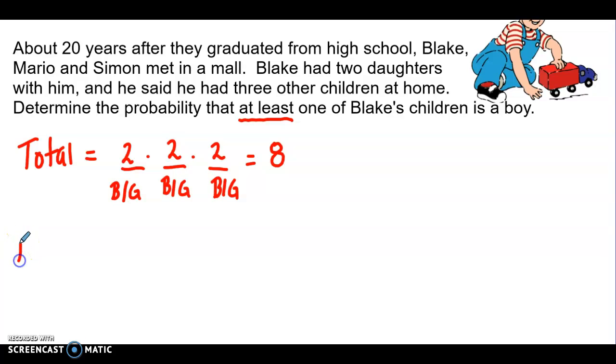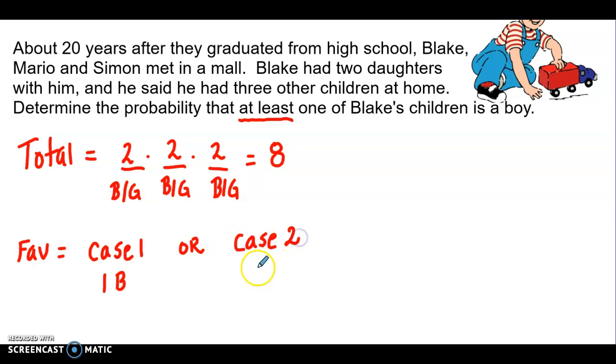Our favorable outcomes is to have at least one of his children be a boy. We need to consider 3 cases. Case 1, he could have 1 boy, or case 2, he can have 2 boys, or case 3, he could have 3 boys.